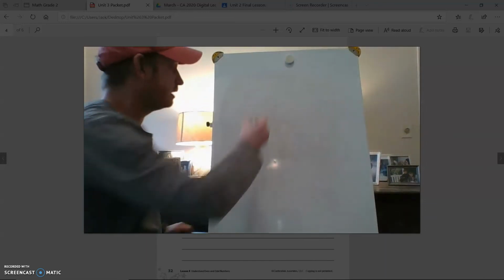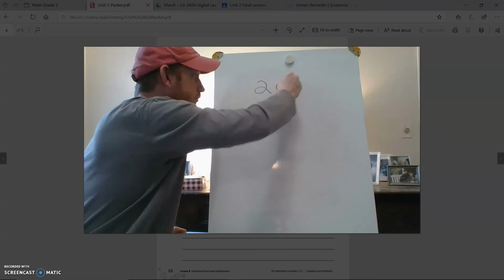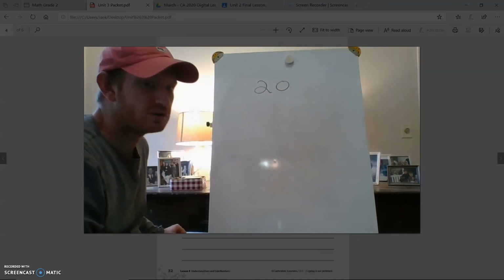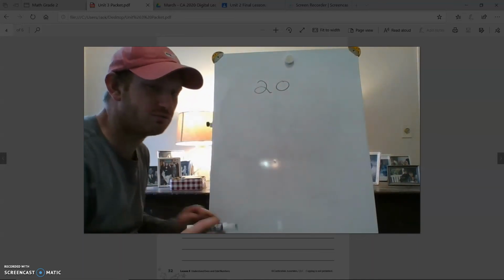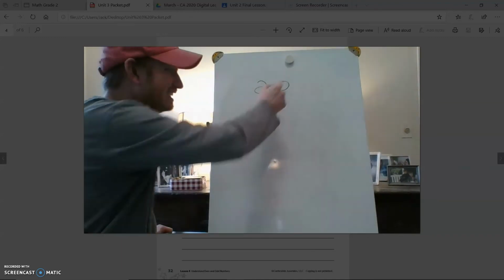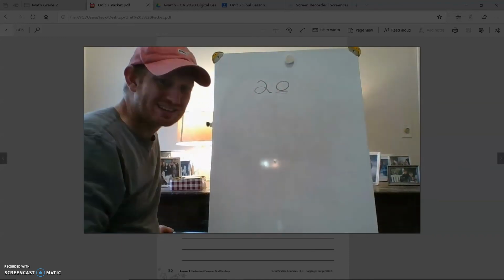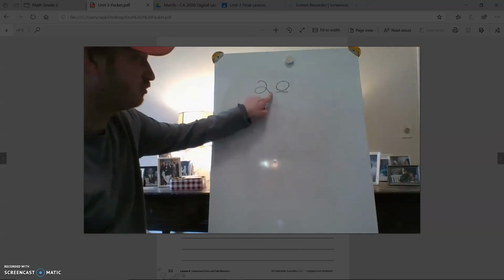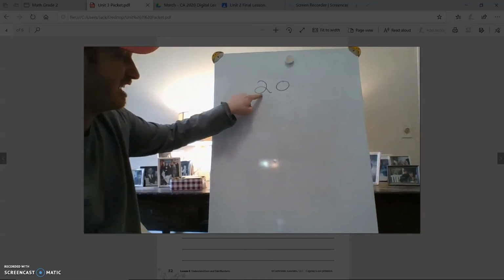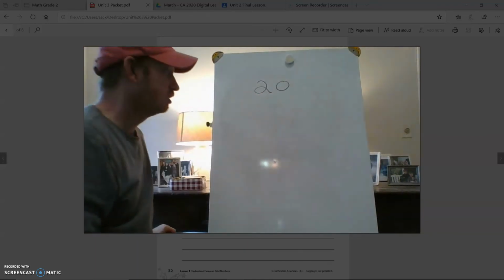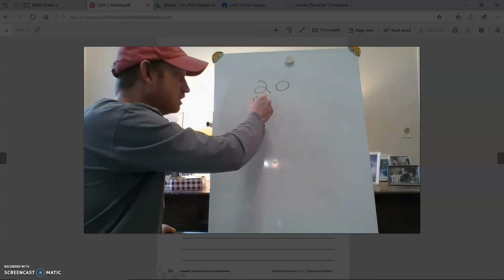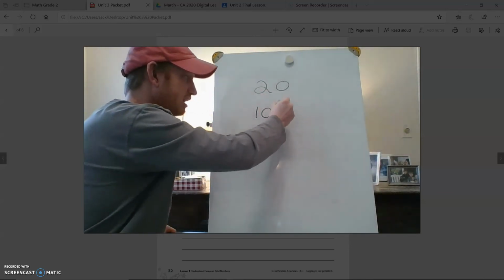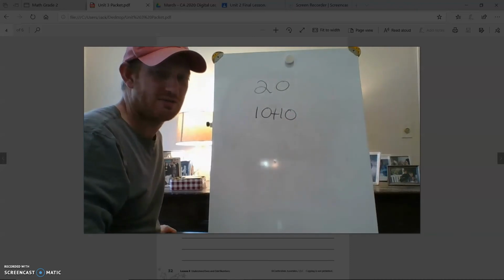Then we had 20. 20 is one of those doubles families that you really just got to remember. It's an even 0, which always makes things a little bit easier. And it's our second 10. This is saying we have 2 10s here. So for 20, it's always going to be 10 plus 10 as their fact family.